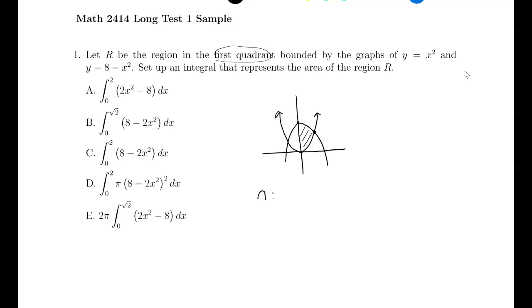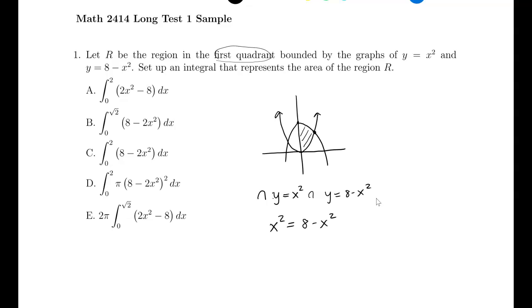So the intersection of y equal to x squared and y equal to 8 minus x squared. To get the intersection, just equate the two equations. So we have x squared equal to 8 minus x squared, and then solve for x.